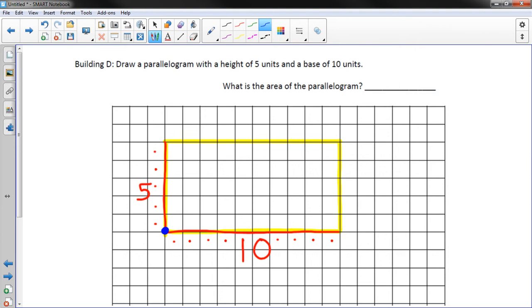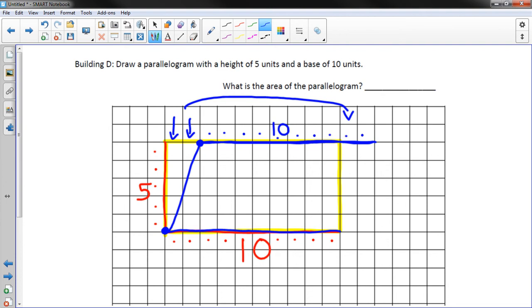So I'm going to put my corner of my parallelogram there, and remember it's not a rectangle, so I'm going to have my other corner here and connect it like that. This will be the base. And now up above, you'll notice here there's a length of 2 units that I took away. I need to add those 2 units over to this side. So the top of the parallelogram is 10 units. 1, 2, 3, 4, 5, 6, 7, 8, 9, 10.